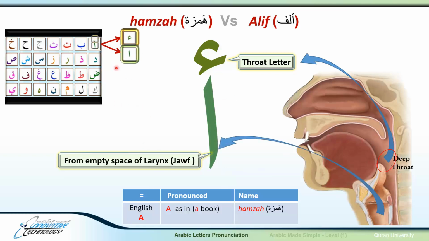It comes from the empty space of the larynx, and it has nothing obstructing it in its track, that's why it's a vowel. And it's like the A as in fast. And the name given for this as in fast is alif.